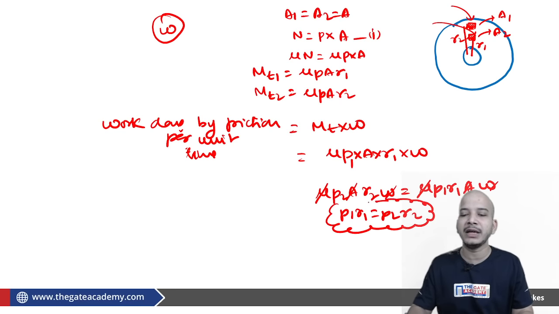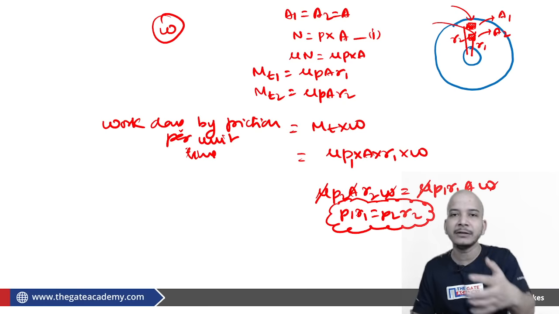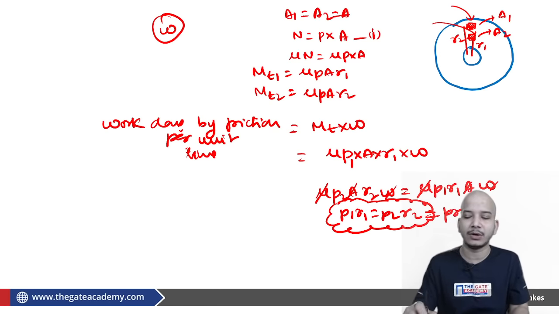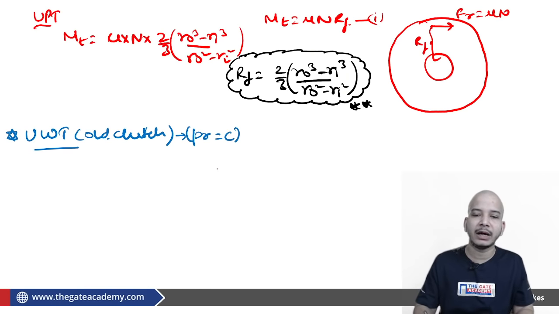This is the state we are talking about. So when P1 R1 becomes equal to P2 R2, or equal to PR, or equal to constant, this is the point. So one case is when the pressure is uniform, and one case is when PR is constant. This is something you have to understand.